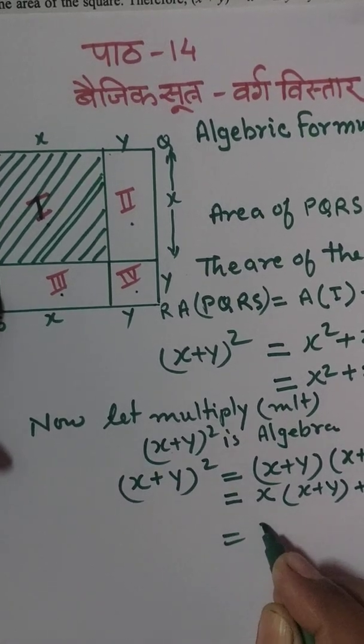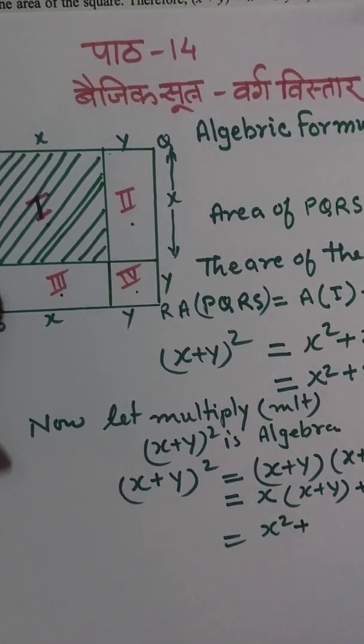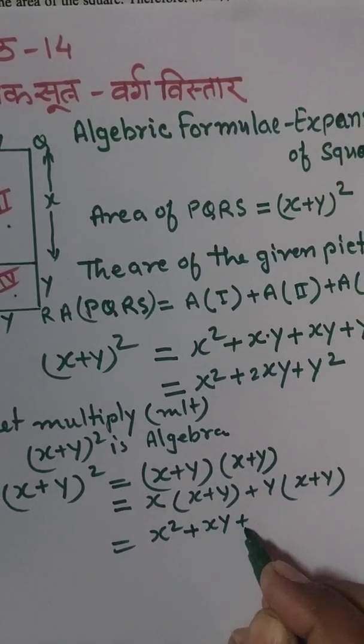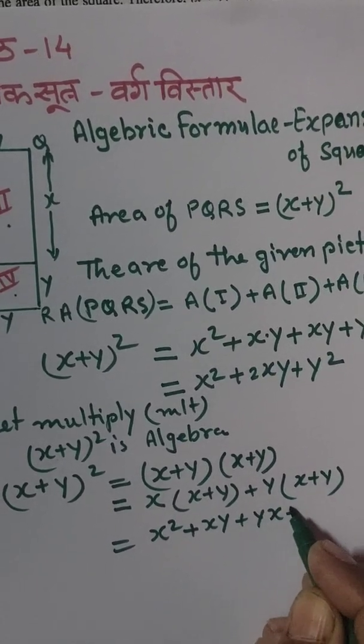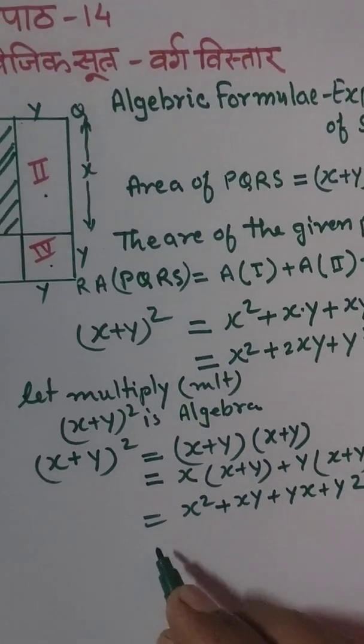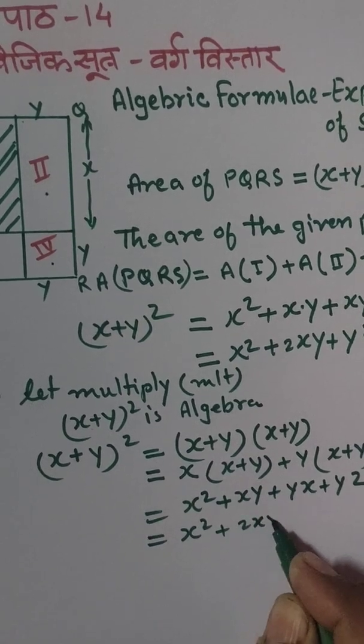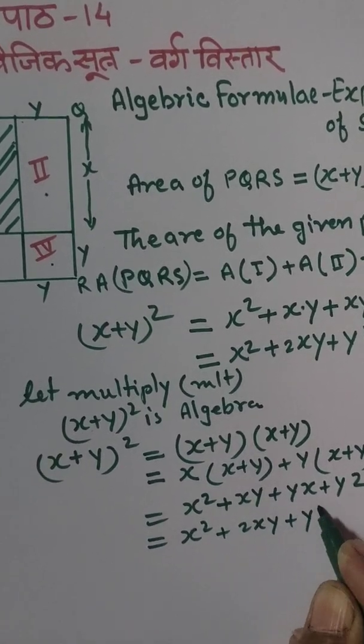That means this gives x square plus xy plus yx plus y square. This gives x square plus 2xy plus y square.